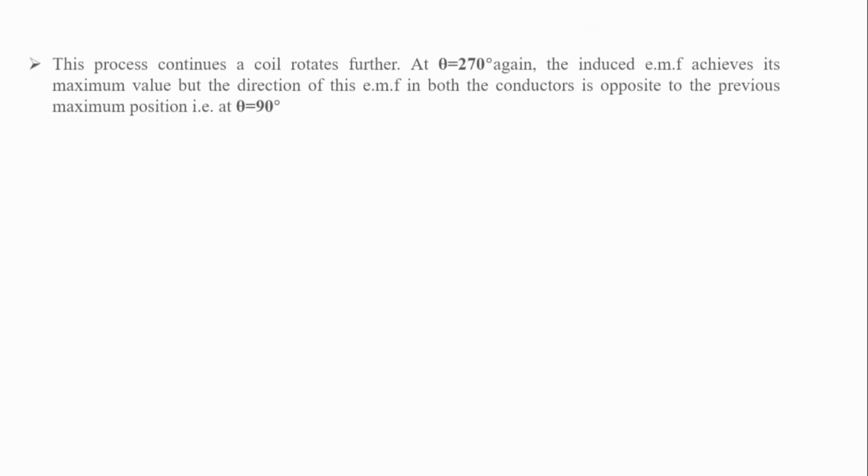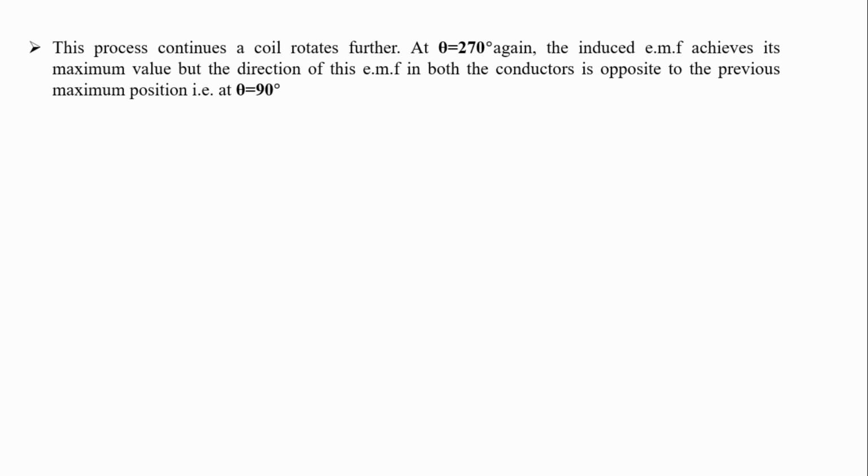This process continues as the coil rotates further. At theta is equal to 270 degree, again the induced EMF achieves its maximum value, but the direction of this EMF in both the conductors is opposite to the previous maximum position, that is theta is equal to 90 degree.